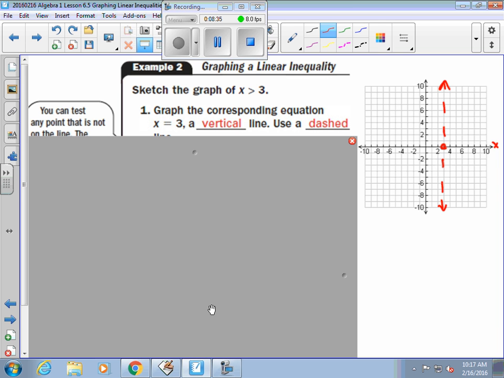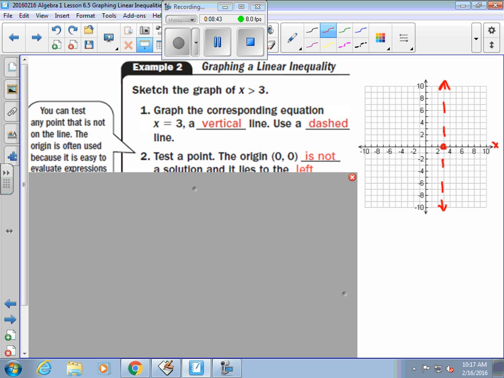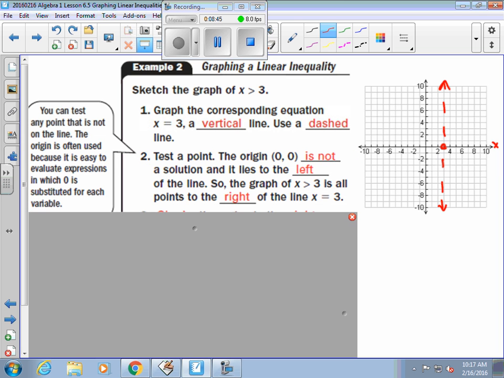The second difference, we got to shade either everything on the left or everything on the right. So what we want to do is pick a point that's not on it. 0, 0 is always the best point to use unless you can't, because we can easily plug in the number. So in place of x, 0 is greater than 3. You got to test and see, is that true or not? 0 is not greater than 3. 3 is the bigger number.